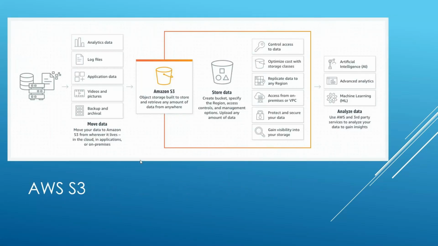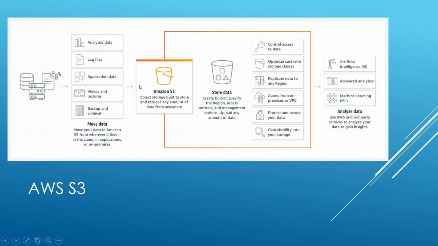And this is a small architecture of Amazon S3, an object storage built to store and retrieve any amount of data from anywhere. It may be in the form of analytics data, log files, application data, videos and pictures, backup and archival. So all these are the different sources that we can access and store in S3 buckets.